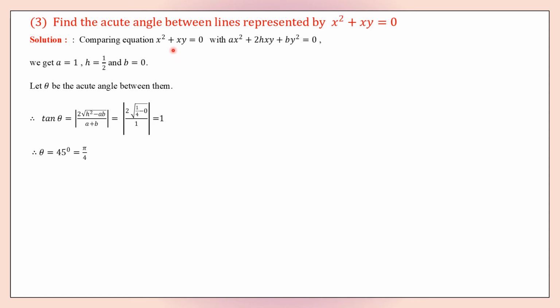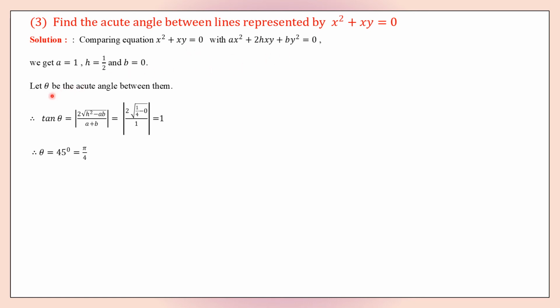Comparing the equation x square plus xy equal to 0 with ax square plus 2hxy plus by square equal to 0, we get a equals 1, the coefficient of x square. The coefficient of xy is 2h, here it is 1, so 2h equals 1, therefore h equals 1 divided by 2. The coefficient of y square is b; here the y square term is absent, therefore we take b equal to 0.